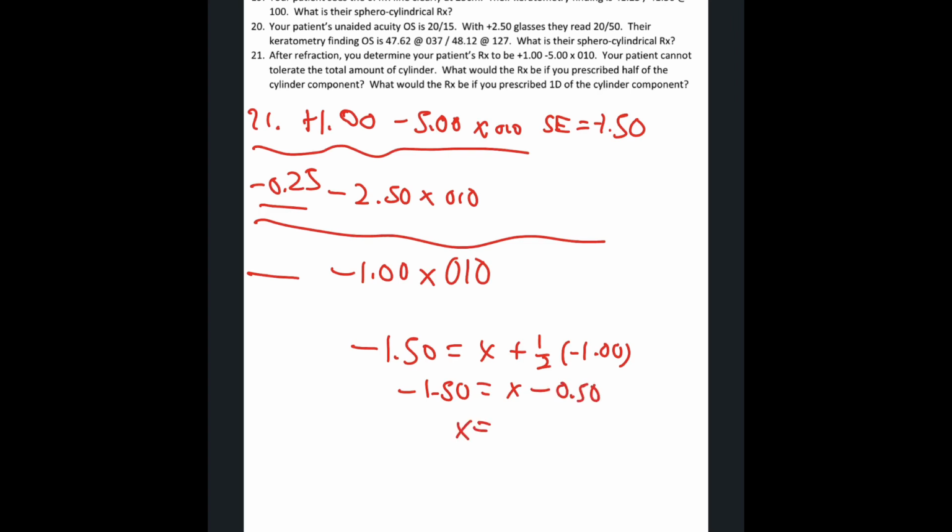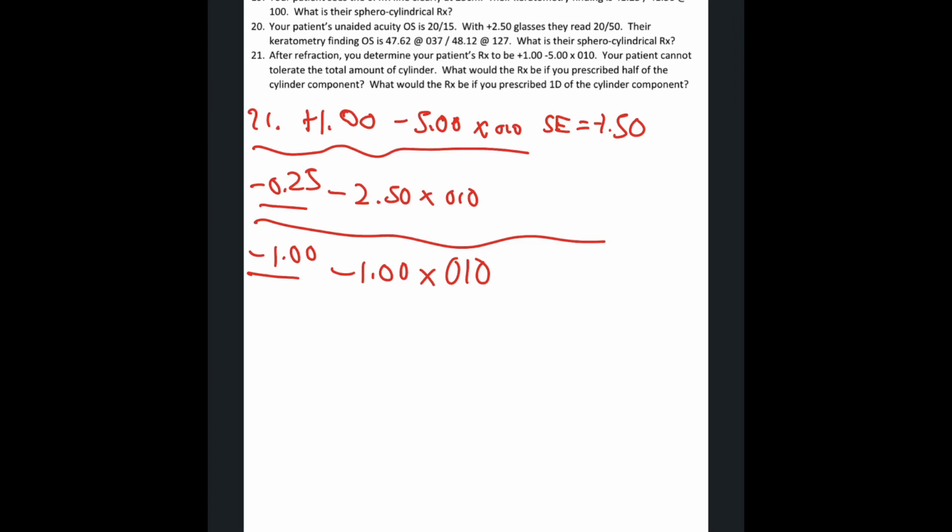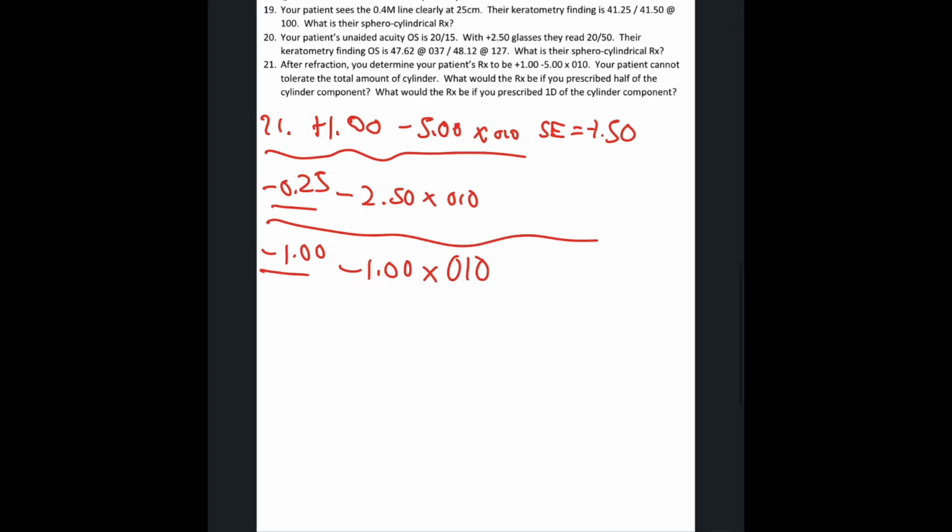So x equals, if we add 0.50 to each side, x equals minus 1. So our final answer is minus 1, axis 10. And then I'm just going to look at my answer to make sure it makes sense, which we have minus 1, so half of that is minus 0.50. And so if we add minus 1 to minus 0.50, we get minus 1.50, and that makes sense.